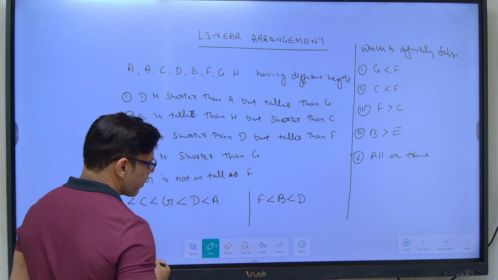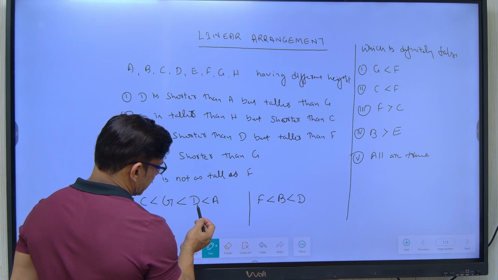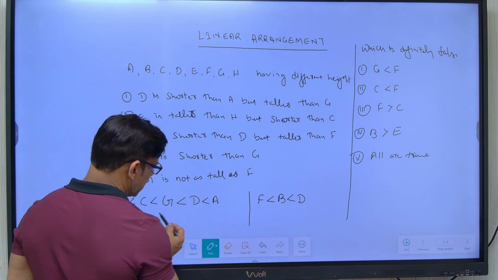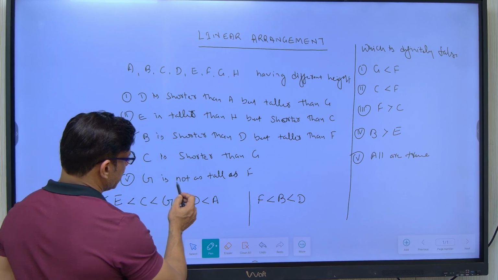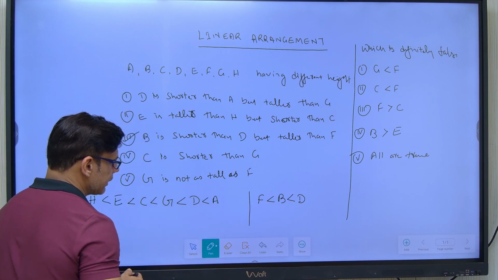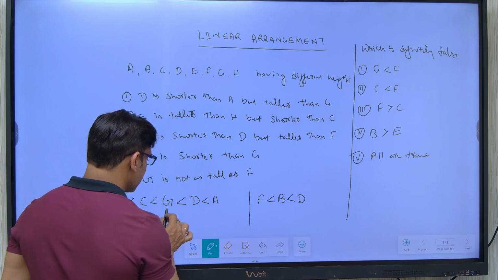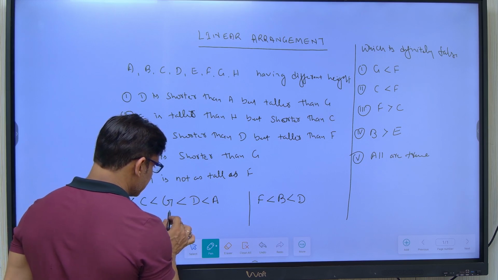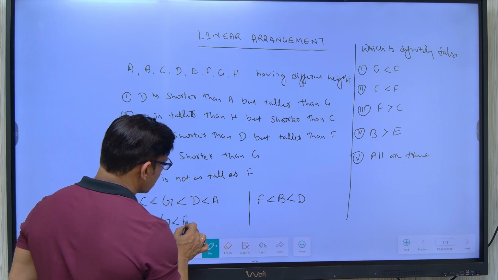So what is given? That D is greater than B, so B will be somewhere here, and F. Last line, G is not as tall as F. That means F will be greater than G. So G here, F is greater.